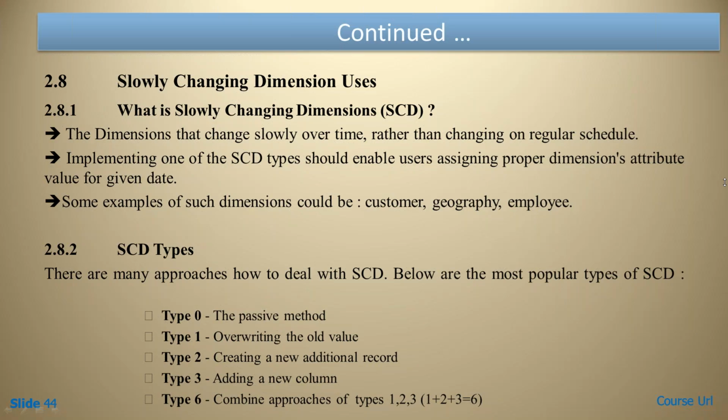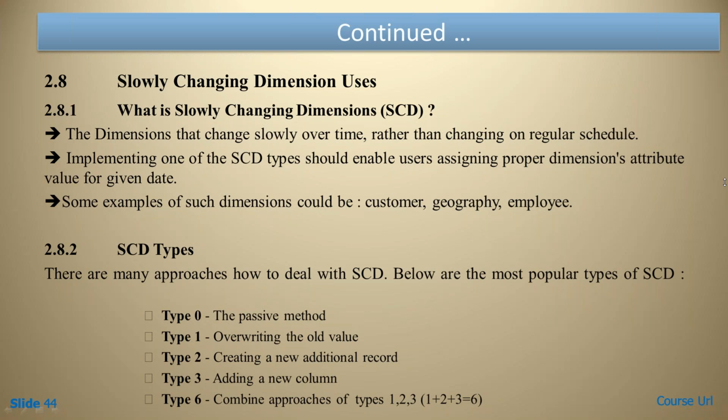Snowflake schema is the extension of star schema. And star schema contains normalized data. Snowflake schema contains both normalized and denormalized data.